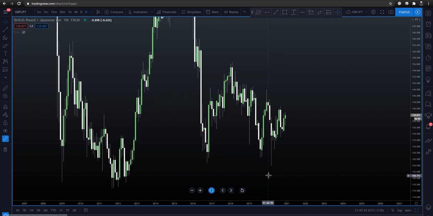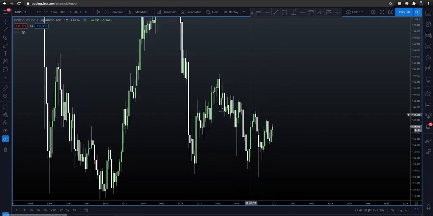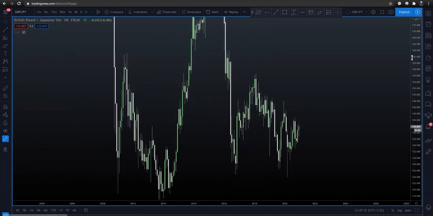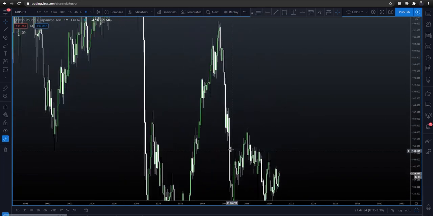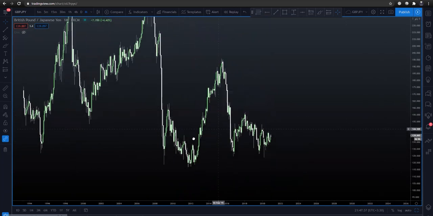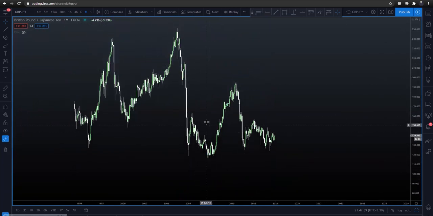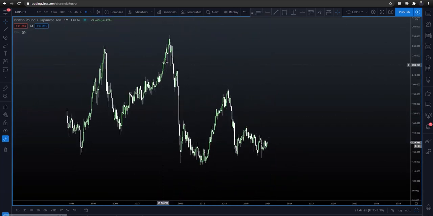And I just wanted to start from the monthly candles. If you see, guys, from these areas, look at it, the price is going down.